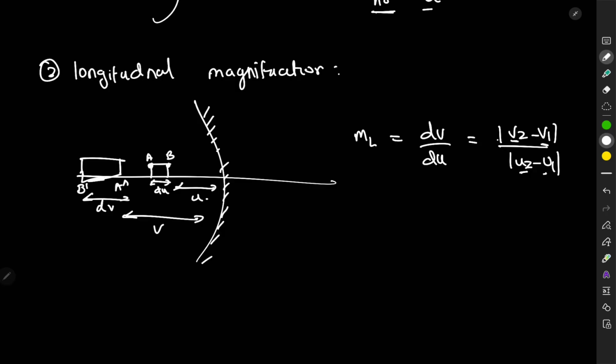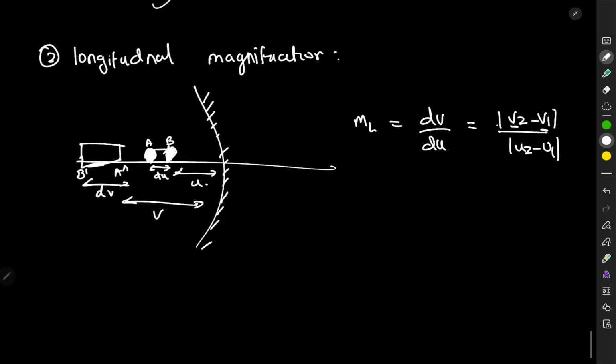Let's take this as an object, and this as a separate object. If we calculate the distance of this object's image, it will appear different, and this object's image will appear different. So if we apply this formula, we will end up with this. That's what is mentioned here, nothing else. It's not rocket science, right?